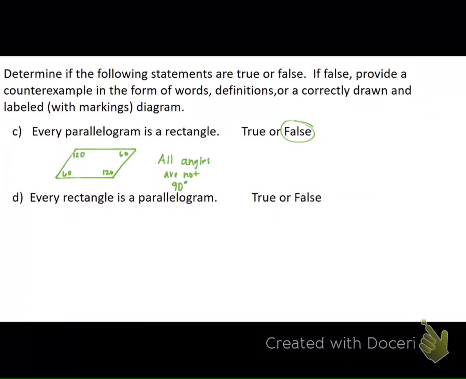Also, if you look at it, it doesn't look like a rectangle. They're still consecutive angles, still supplementary. Every rectangle is a parallelogram. True. It holds all the properties of a parallelogram. All right.